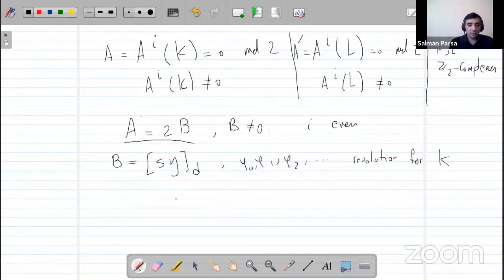Now we can change this resolution into another resolution, so we get the same objects up to dimension phi I minus 2. Then I will choose some different phi I minus 1.